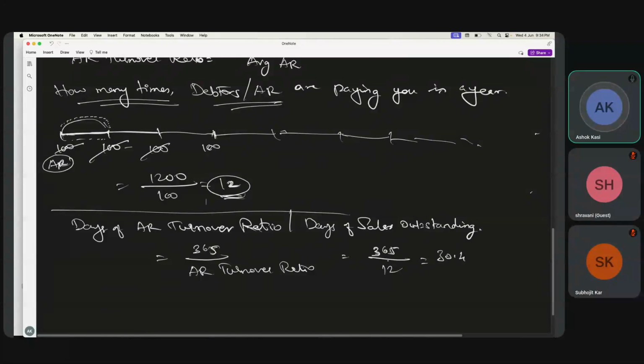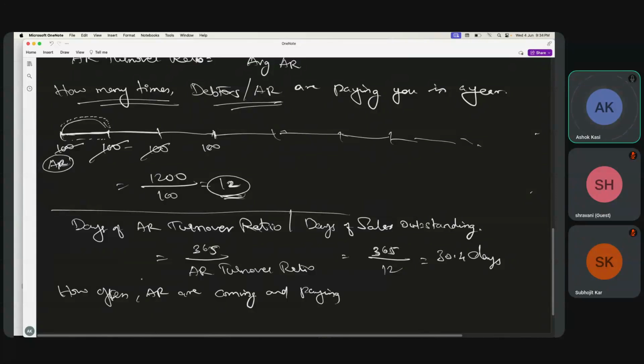So 30.4 means 30.4 days. That means it will tell you how often account receivables are coming and paying you.